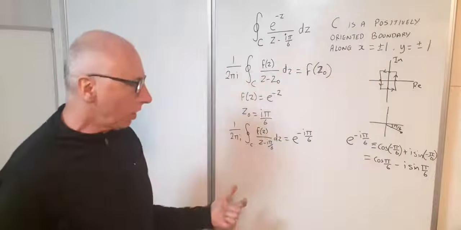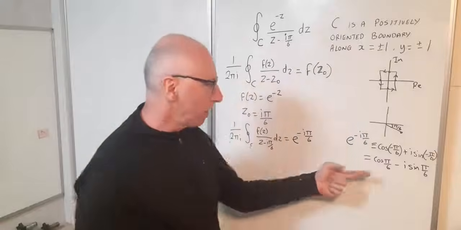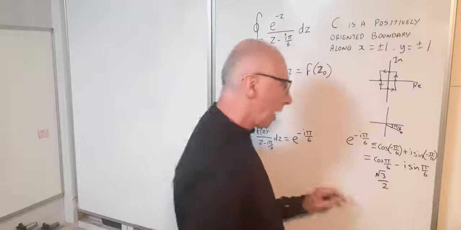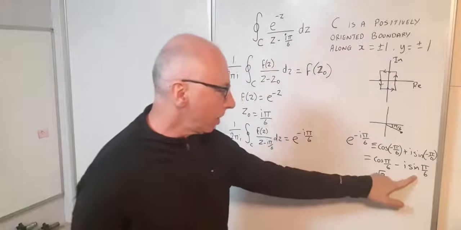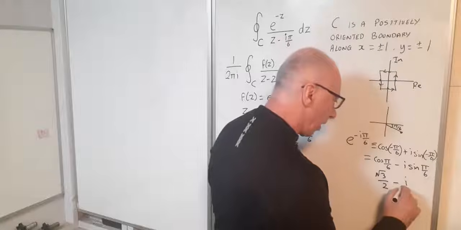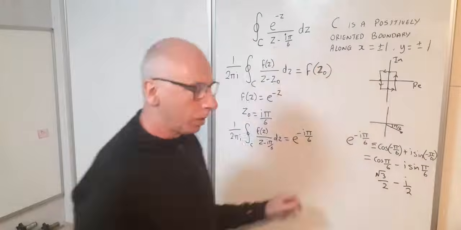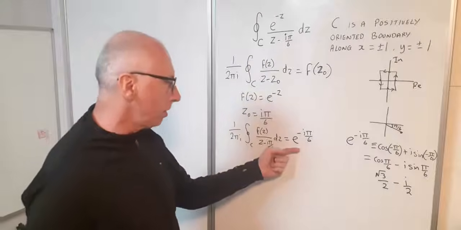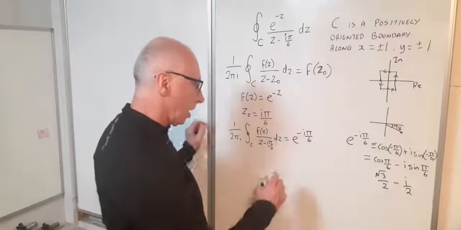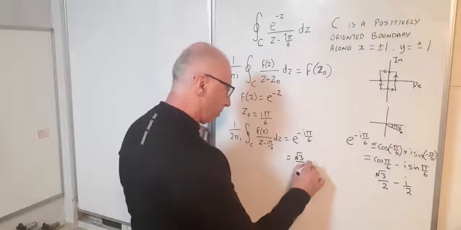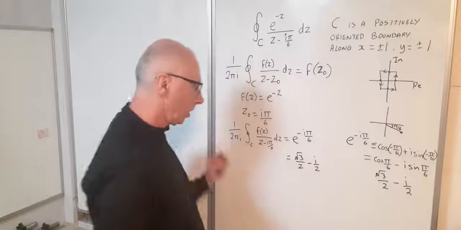Cosine of pi over 6 is root 3 over 2, and sine of pi over 6 is a half. Times that by minus i, we've got minus i over 2. So we can turn this into its real and imaginary parts: root 3 over 2 minus i over 2.